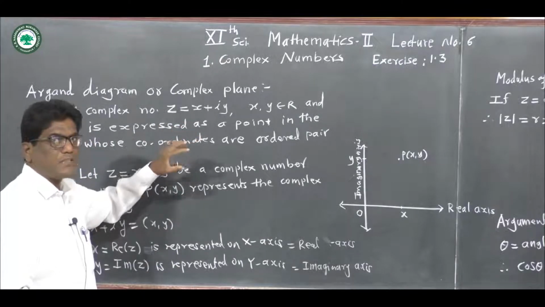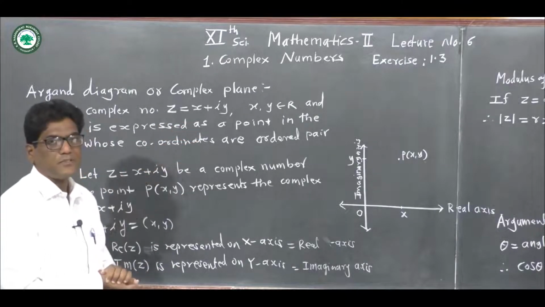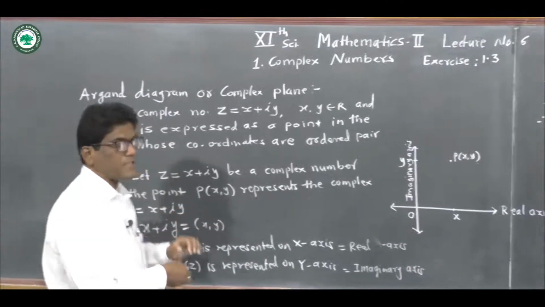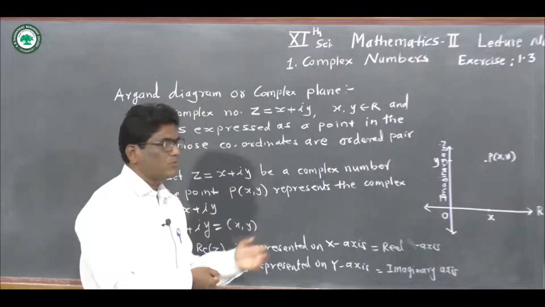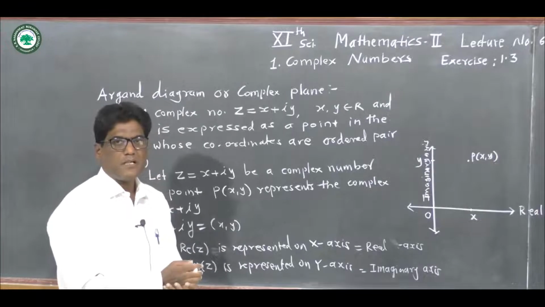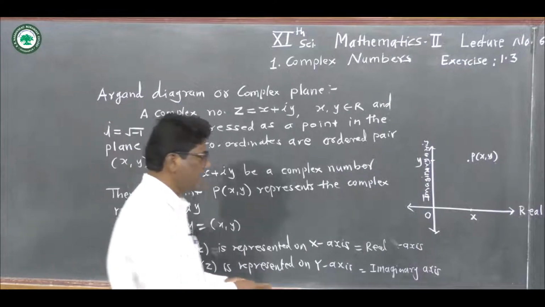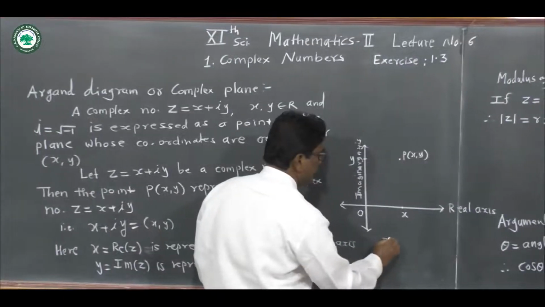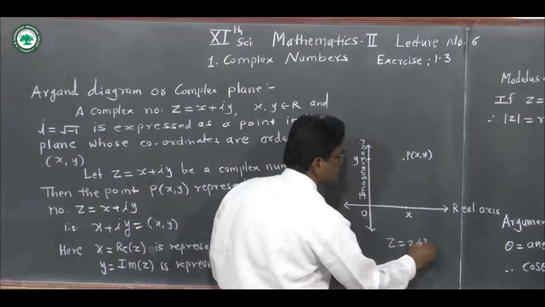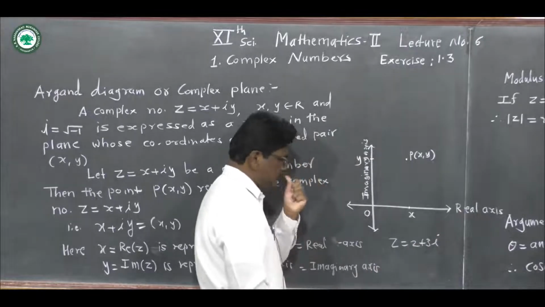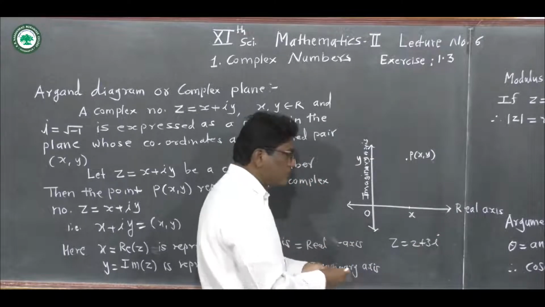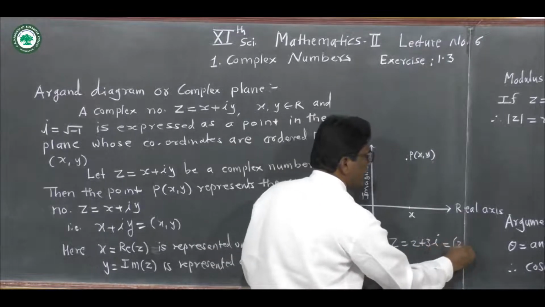Get it? This was first shown by the scientist Argand, and so we call this diagram an Argand diagram or complex plane. For example, suppose z is equal to 2 plus 3i. This is the complex number, so it is denoted by the ordered pair (2, 3).